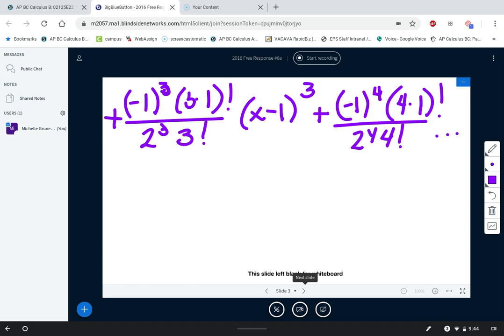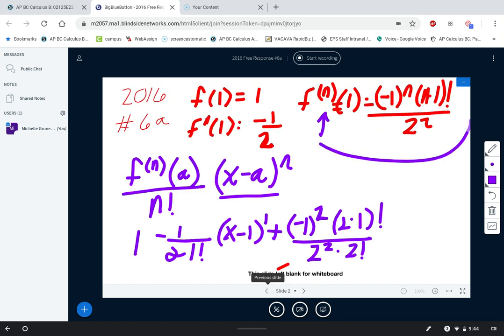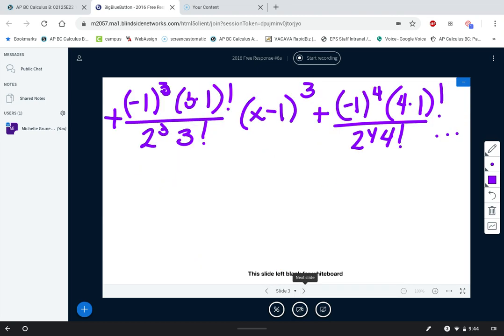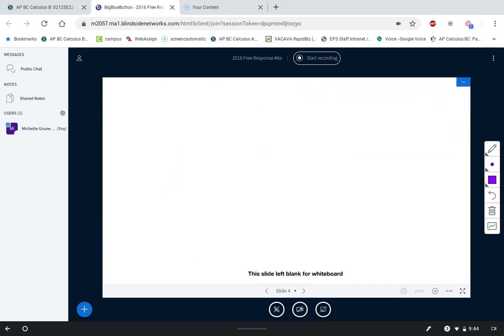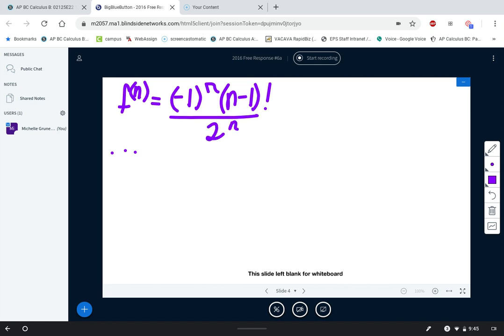Now, to find my nth term, I'm going to go back to this formula right here. So there will be a dot, dot, dot. And to find my nth term, here's where that dot, dot, dot is leading in. I'm going to take the f to the nth formula provided in the problem, which was negative 1 to the nth times n minus 1 factorial over 2 to the nth.